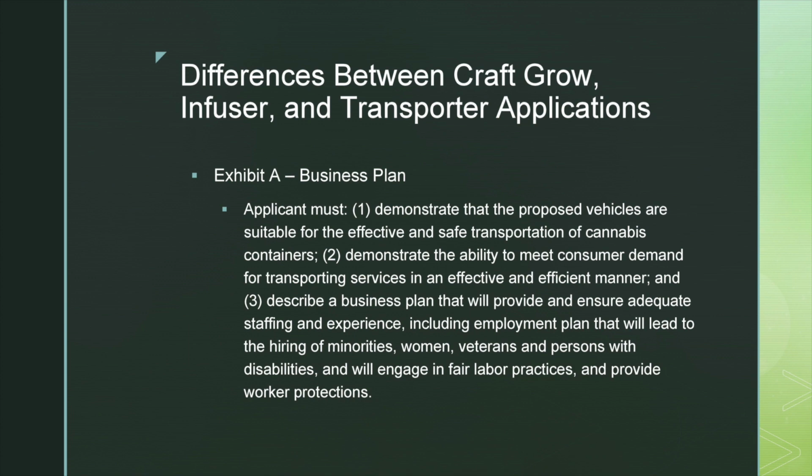Are there cameras in them? What are the guards doing? Do they demonstrate the ability to meet consumer demand for transporting services in an effective and efficient manner? Can you meet the demand? Do you have enough vehicles? What is your plan for transporting? How do you plan to contact craft-grown infusers in order to transport their product?